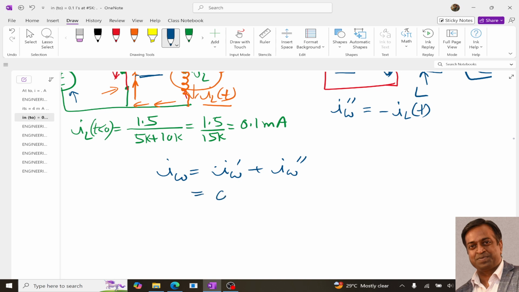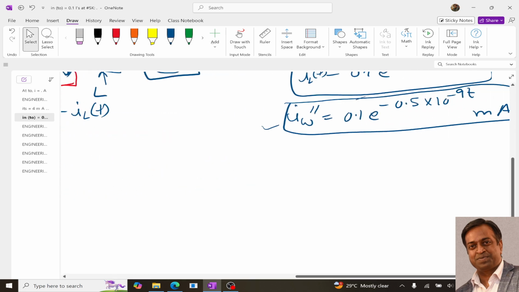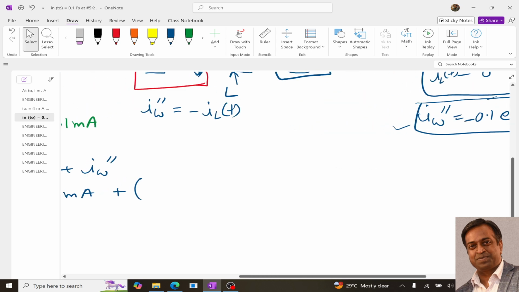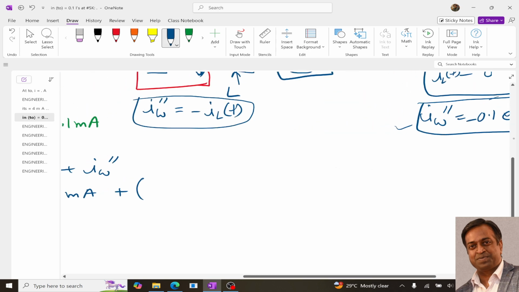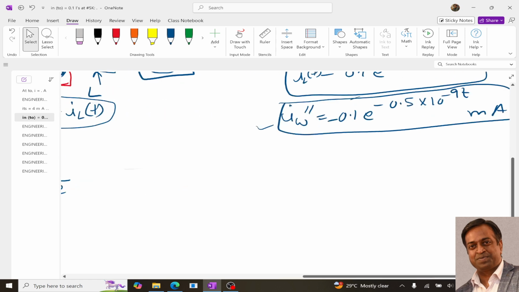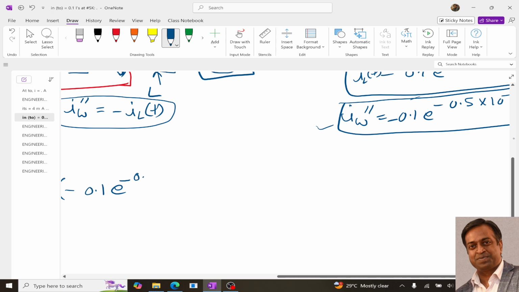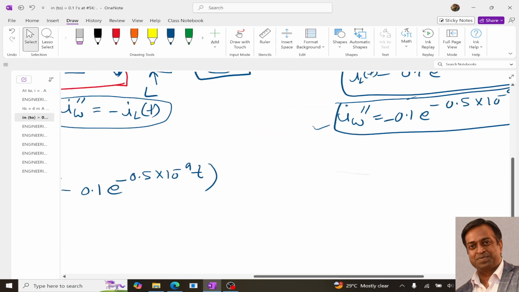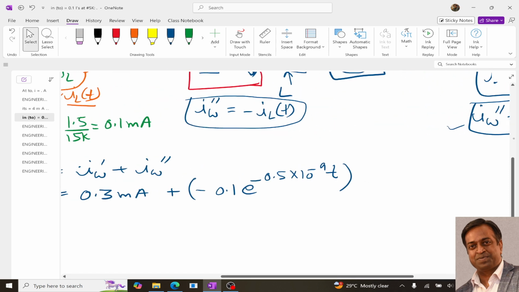IW single dash we got as 0.3 milliamperes, plus IW double dash, which is minus 0.1 e power minus 0.5 into 10 power minus 9 t milliamperes.